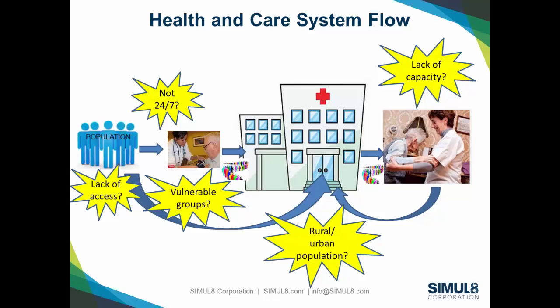If services aren't available 24/7, then perhaps there's more of a likelihood that people will go to whichever service is available, which might put an unnecessary load on that service. And we know also there's differences in how the rural and urban populations use services. So that all happens before the front door.